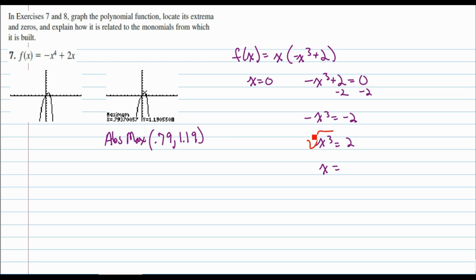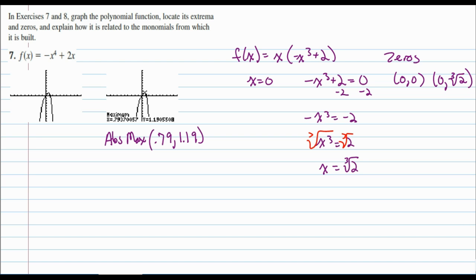If I take the cube root of both sides, I get x equals the cube root of 2. So now, if x is the cube root of 2, that's this little value right there. So my zeros are 0, 0, and the cube root of 2, 0.